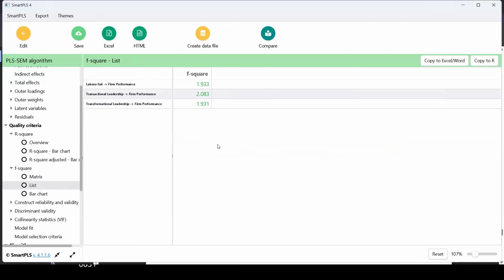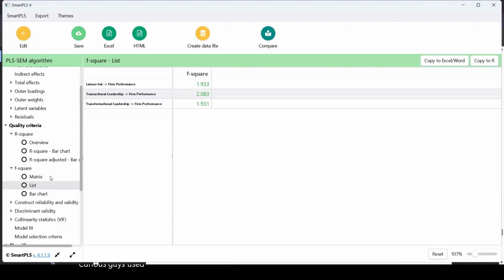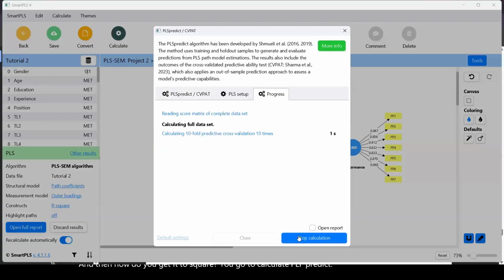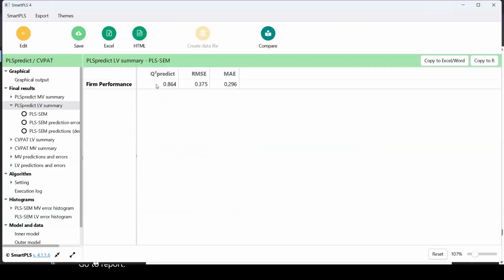So everything is above 0.35. So it means that the predictive relevance of our model is strong. Okay, so the F square is used to detect the predictive relevance, and then the Q square is used to determine the predictive accuracy. And then how do you get the Q square? You go to calculate, PLS predict, start calculation, go to report. So we have a summary, the Q square, here it is. Okay. That is it.